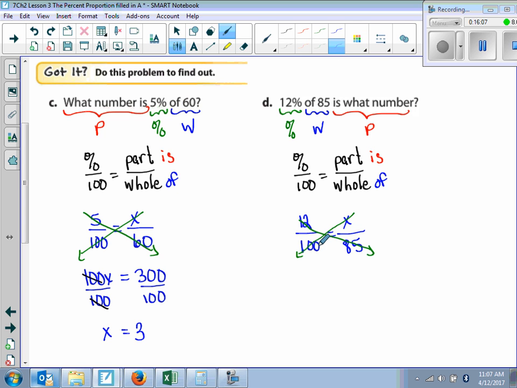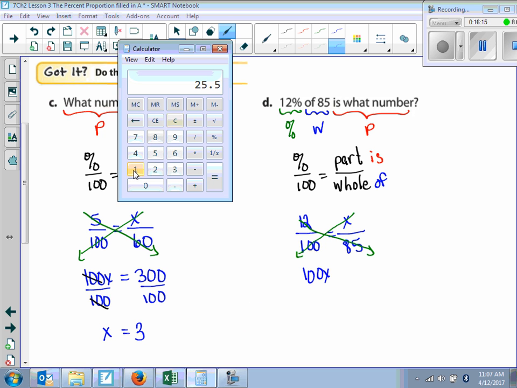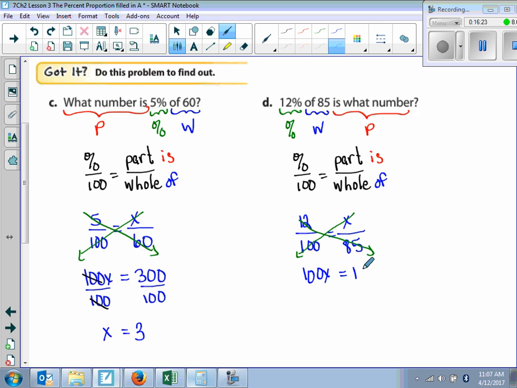So 100 times x is 100x. 12 times 85, what's 12 times 85? 1,020, is that what you got? Yeah? 1,020.